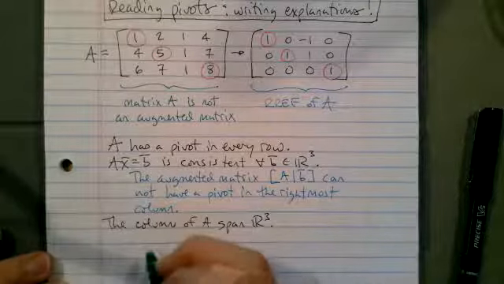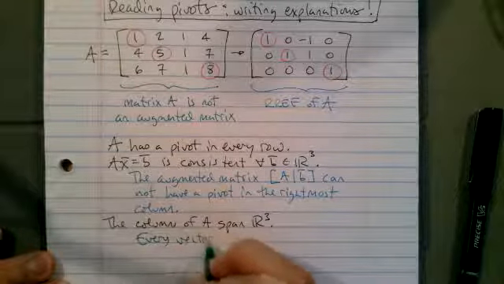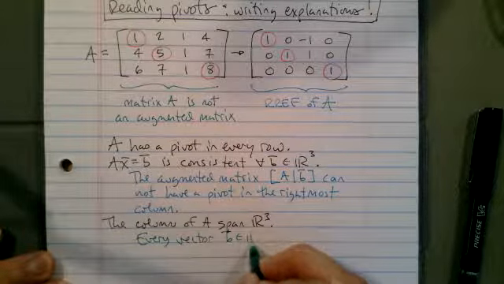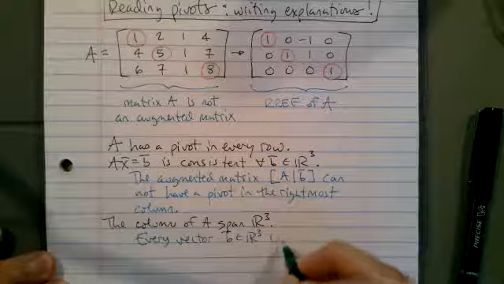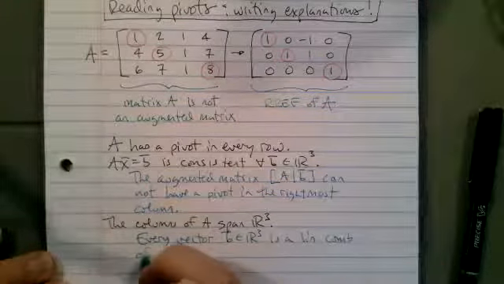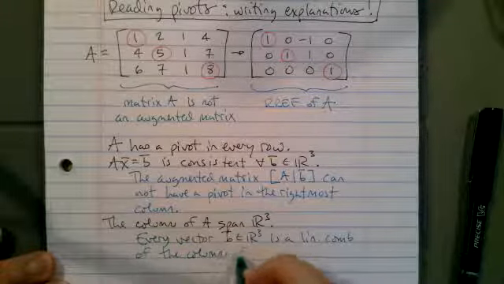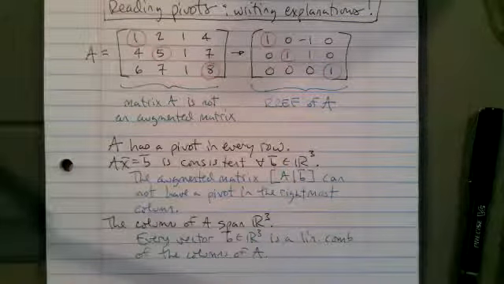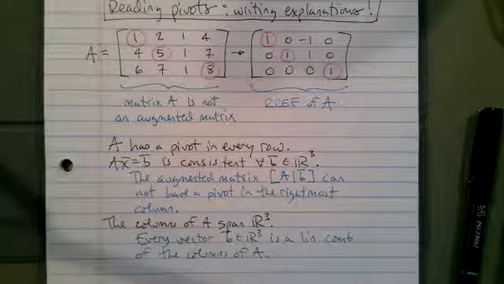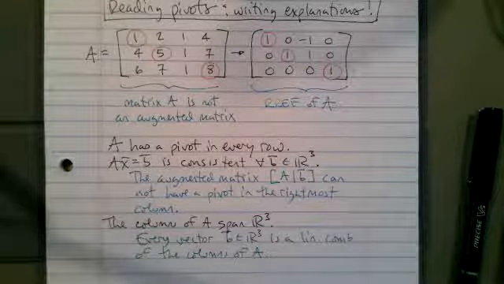Every vector B in R3 is a linear combination of the columns of A. That's what we mean when we say the columns of A span R3.